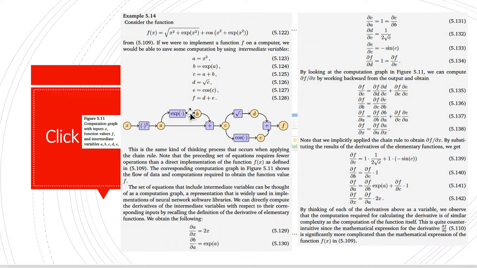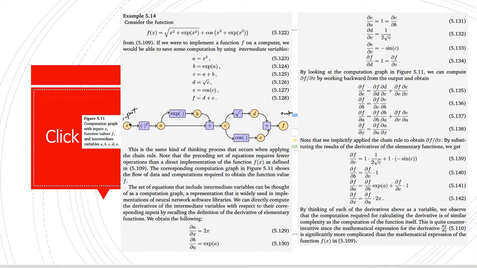If we translate all the equations from 5.1 to 3 until 5.1 to 8, we would see here that x is the input and f is the output. The input is multiplied with itself, so that's why it has a square here.